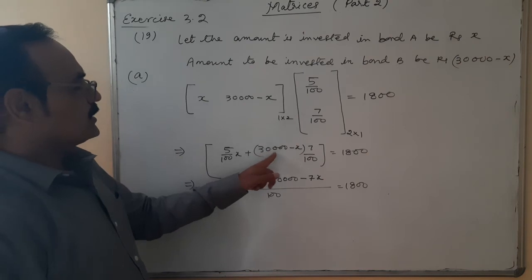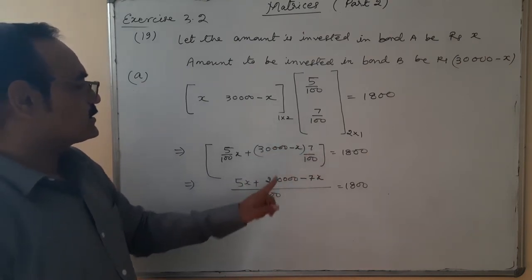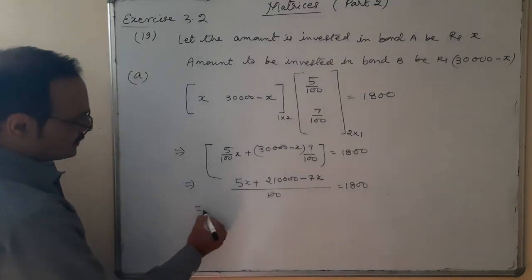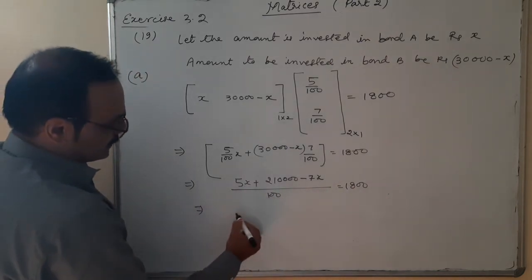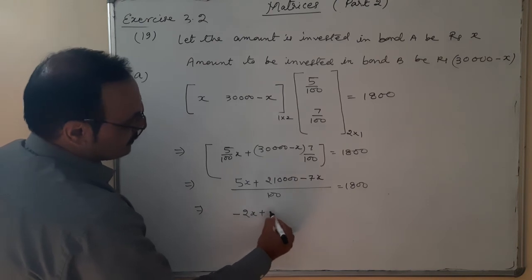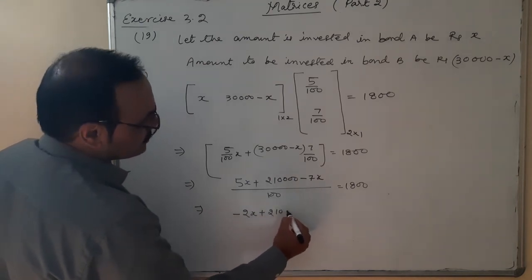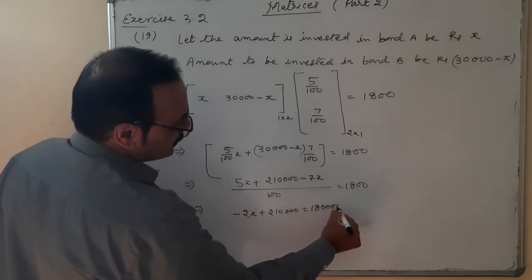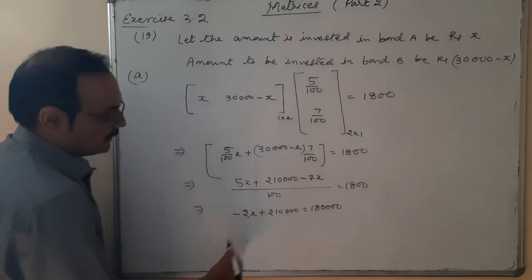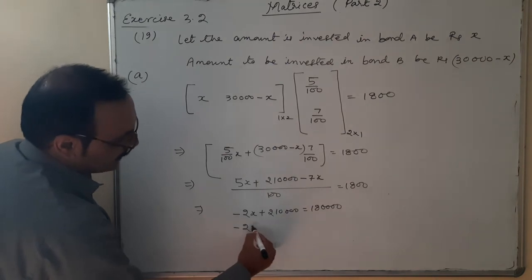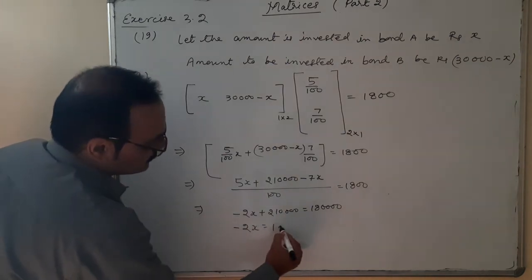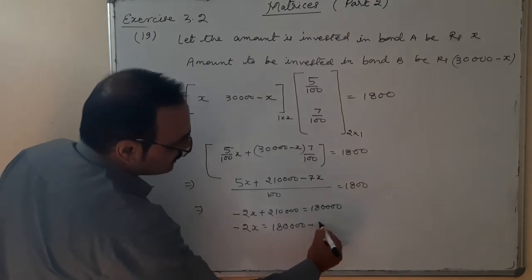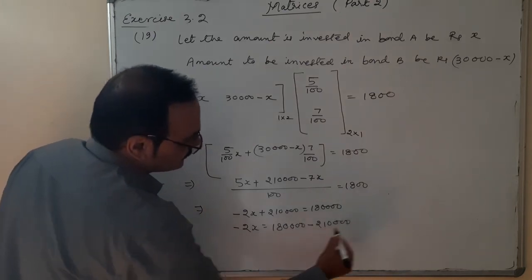So 5x minus 7x is minus 2x, plus 2,10,000 is equal to 1800 multiplied by 100, that is 1,80,000. So minus 2x is equal to 1,80,000 minus 2,10,000.